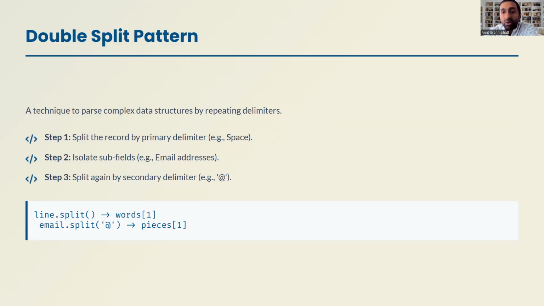First, we split the record by the primary delimiter, the space, and then we take each email address and split it again by the secondary delimiter, the @ symbol. This nested subdivision is the direct computational equivalent of partitioning a set into subcategories.